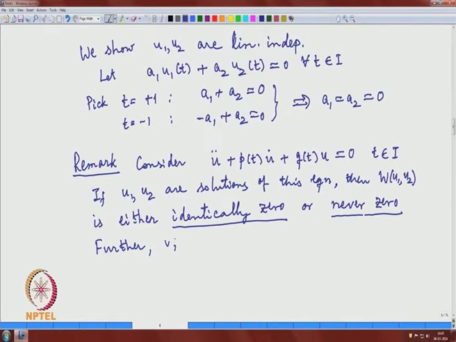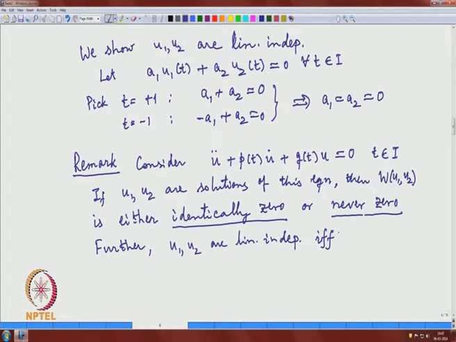u1, u2 are linearly independent if and only if, see earlier we proved, if the Wronskian is not 0 even at one point, then u1 and u2 are linearly independent. Now, here it is if and only if. Okay.